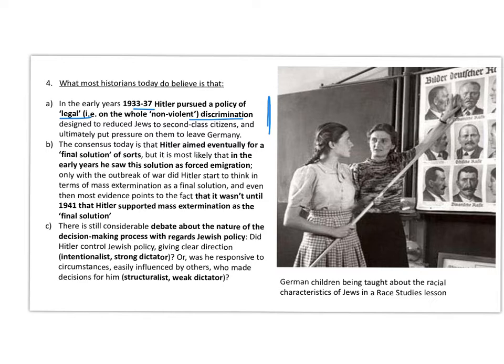Okay, after the years of the Weimar Republic in which apparently law and order seemed to break down, in particular because of the Great Depression. So the expectation of German people is that Hitler was restoring law and order.